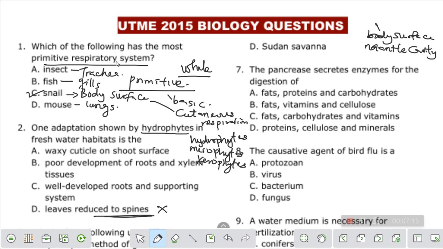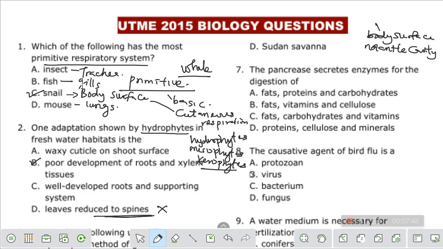And why is it like that? Because hydrophytes, I told you, grow in water. So their roots should not be so developed because water is readily available. Hydrophytes don't need an extensive root system to absorb. The reason xerophytes build up a lot of roots is that they have to penetrate the soil to get water when a place is a desert. Plants find it difficult to look for the little water in the soil.